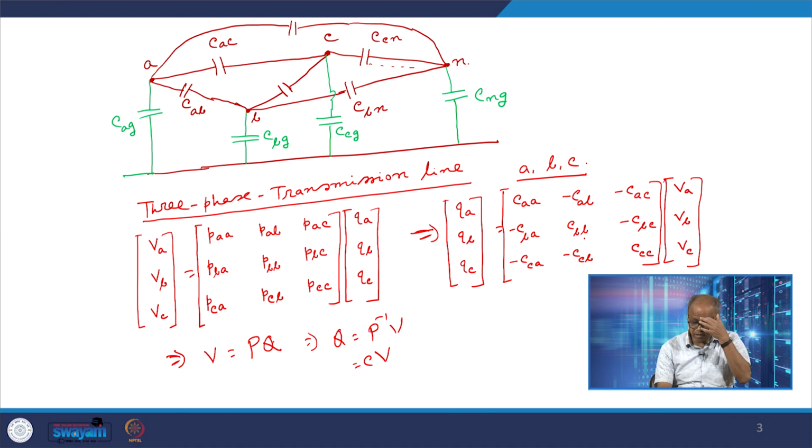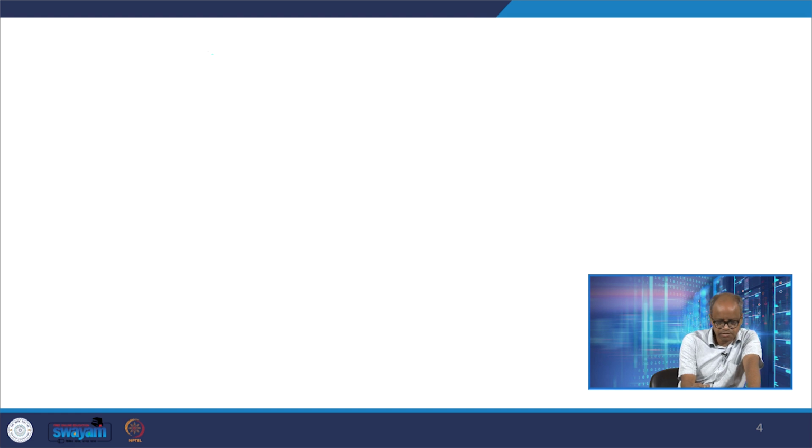So, from here we can simply say that my CAG is nothing but CAA minus CAB minus CAC, CBG is equal to CBB minus CBA minus CBC, and CCG is equal to CCC minus CCB minus CCA.